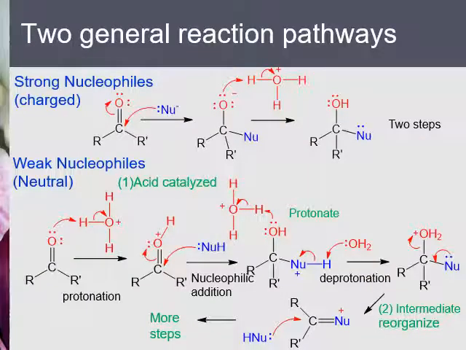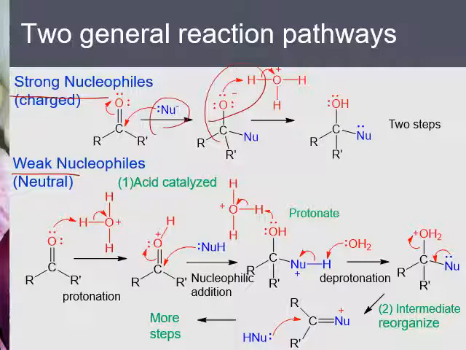Here's a comparison of the mechanisms with strong nucleophiles and weak nucleophiles. With strong nucleophiles, the reactions are simple. The reaction undergoes a two-step mechanism, nucleophilic addition followed by protonation. With weak nucleophiles, the reactions are more complicated. The reaction undergoes many more steps, and they are acid catalyzed.